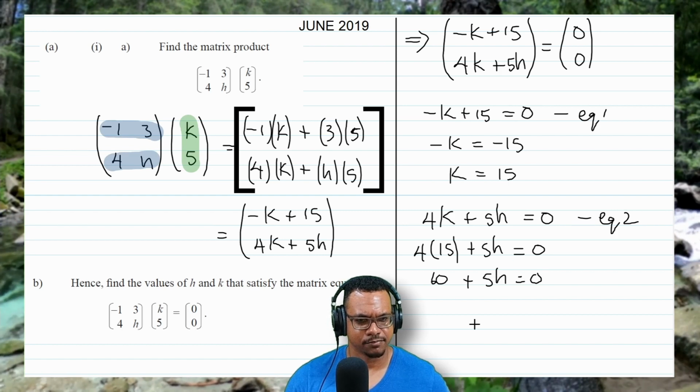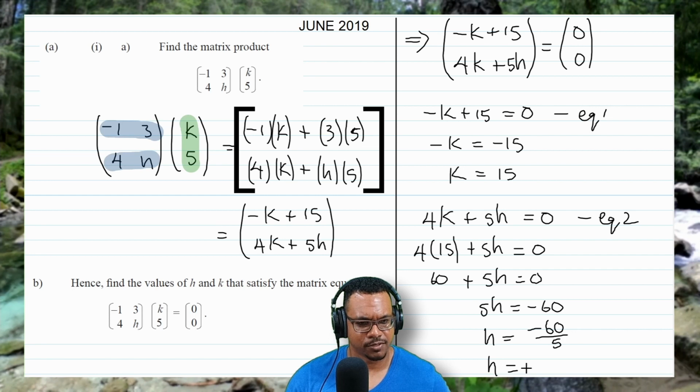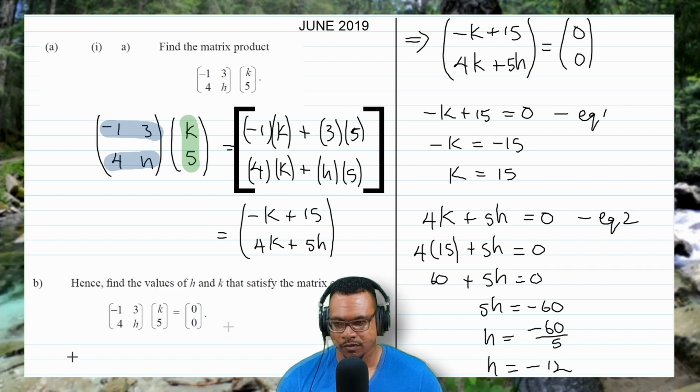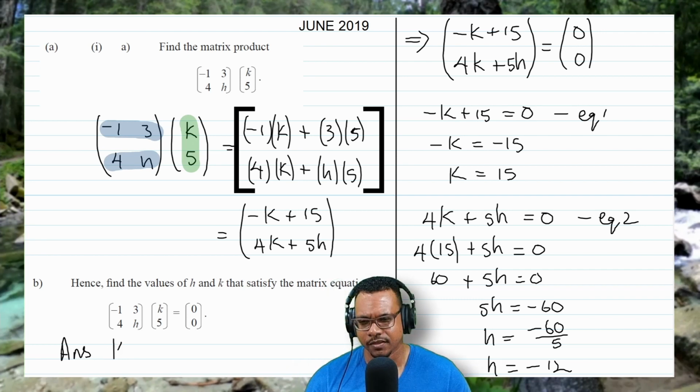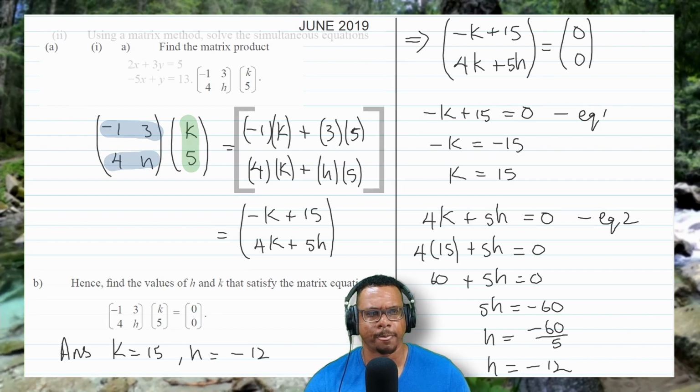Carry across the 60, turning it to negative 60. And we carry across the 5 now: 5 multiplied by h, when I go across, turns to division. So it's negative 60 divided by 5, and h is equal to negative 12. All right, so let's come across here and write the answer: k is equal to 15 and h is equal to negative 12.